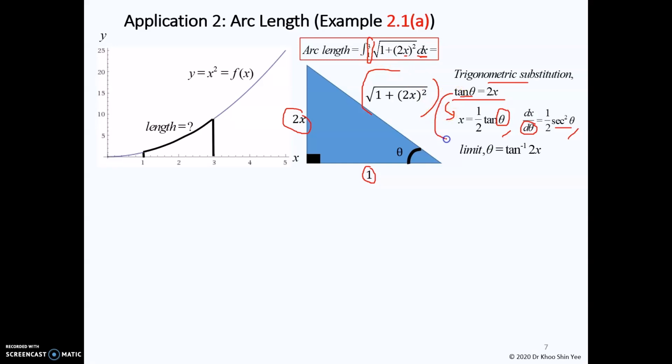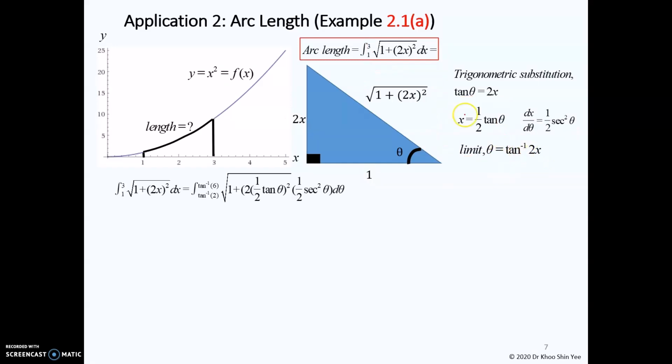So from here, you can form the angle of the limit equal to the arctangent of 2x. By substituting the x and dx inside this formula, you should obtain this. You continue to substitute x inside this formula, then you obtain the angle equal to this, and substitute 3 inside this formula, you obtain the upper limit equal to this.